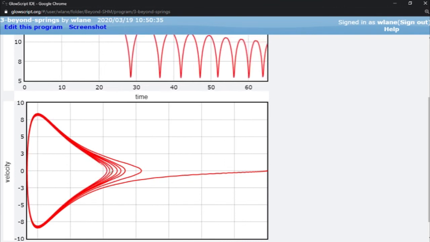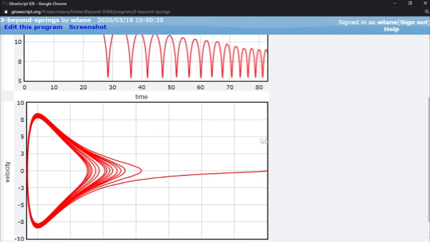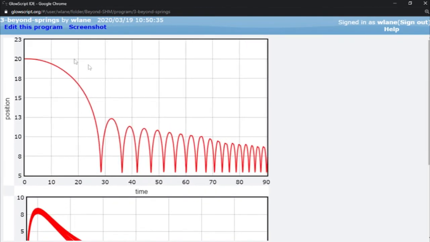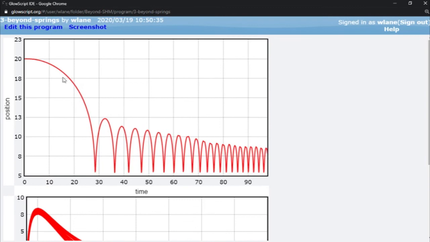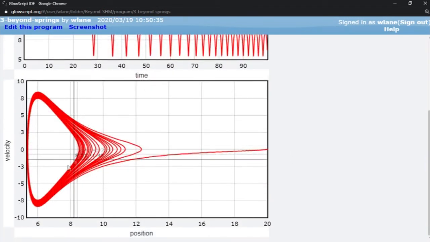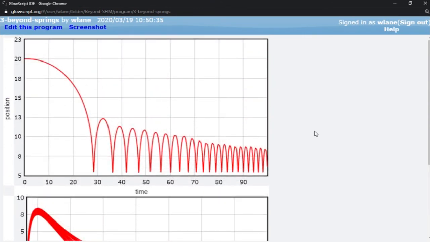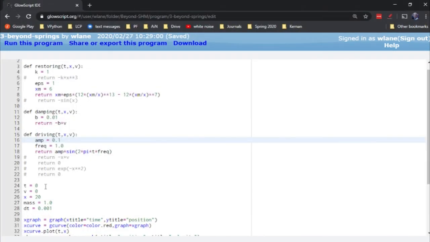And this is interesting because I'm getting a different radius of this interesting shape here each time. Here's my position versus time graph. So you can see it's kind of leveling out. So I can kind of see there's some long-term behavior inside this little shell here. That's pretty cool.